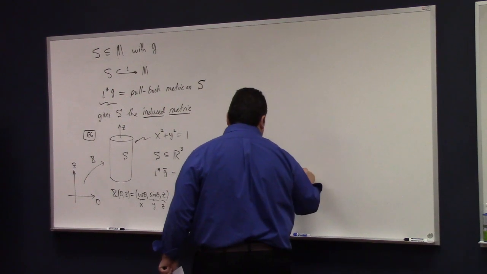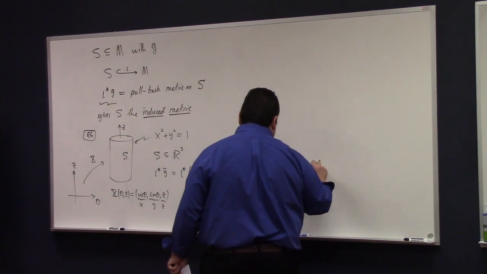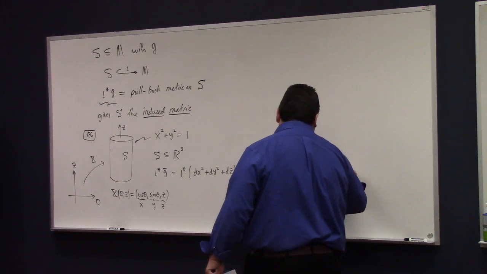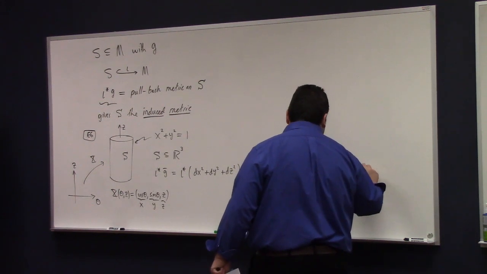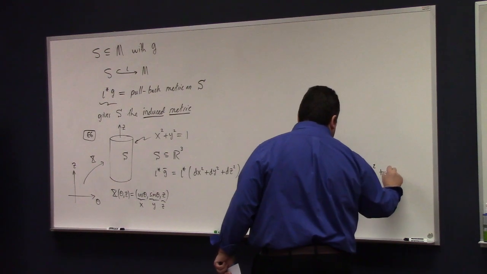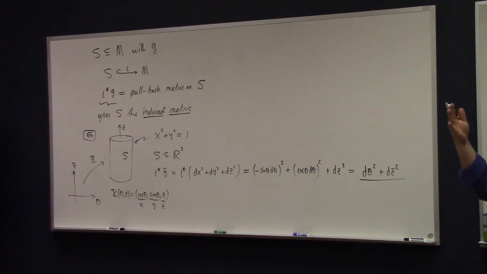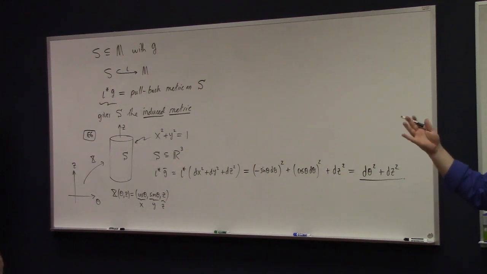cos theta d theta, square that, and, well, dz squared, all right? So lo and behold, the metric here is d theta squared plus dz squared. Therefore, the cylinder is what?